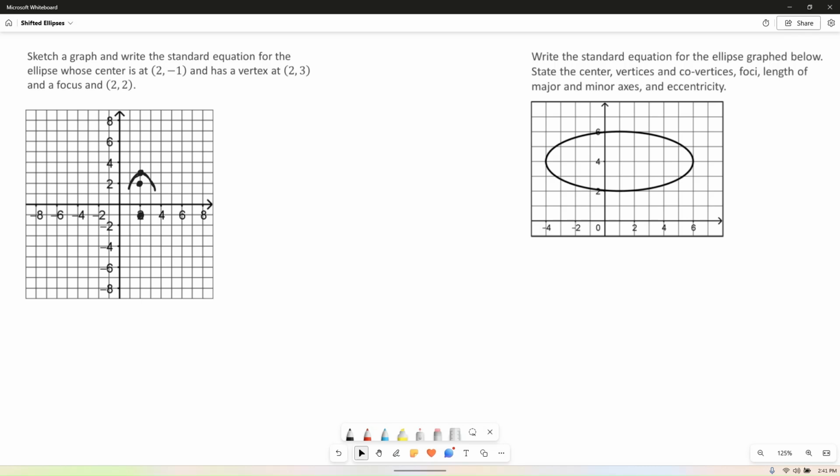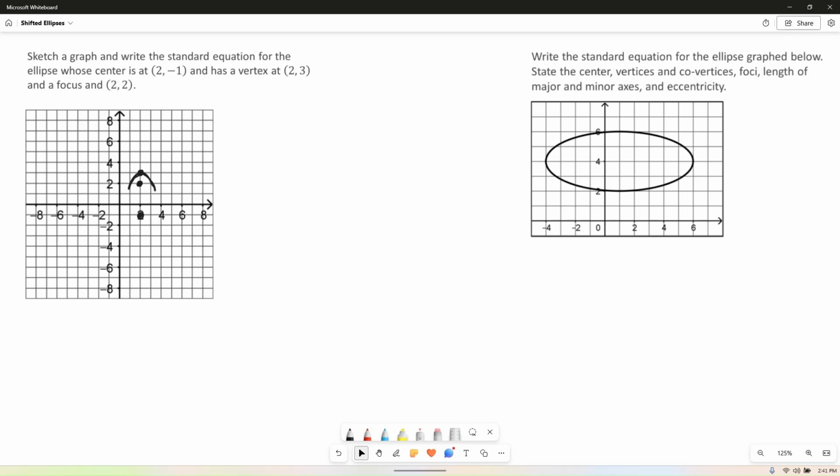But to figure out the full ellipse, I need to figure out the bottom part and the width of this ellipse. The nice thing is that the center is in the middle of the ellipse. So if I know where the center is and where one of the vertices is, I can find the other vertex just by looking at the distances. If the center is at (2, -1) and the vertex is at (2, 3), that's a distance of 4 units.